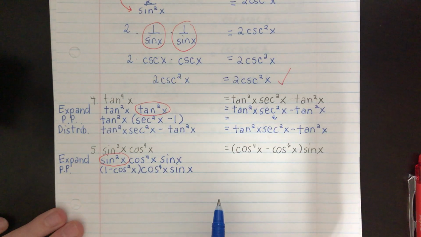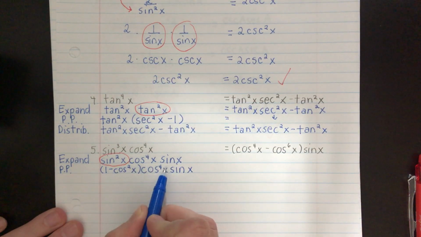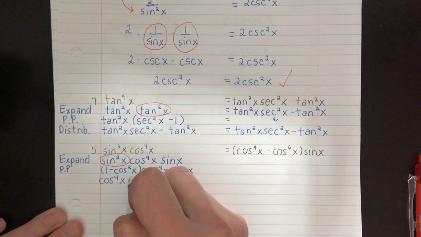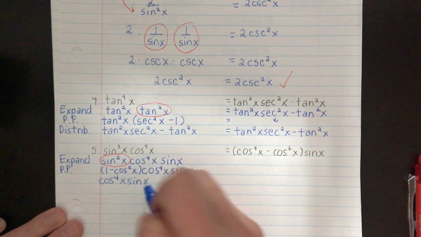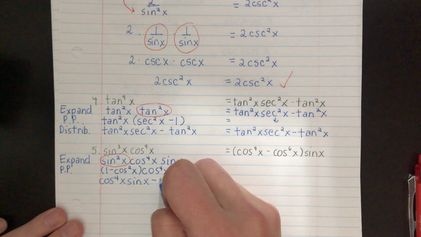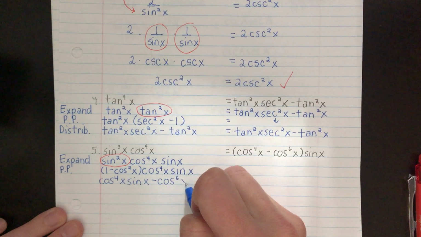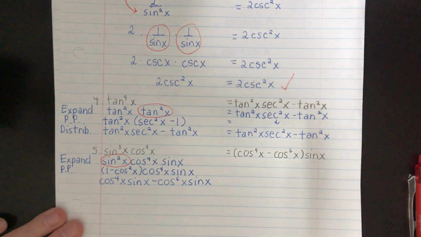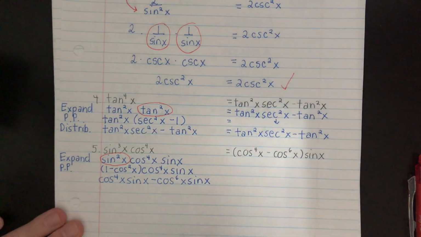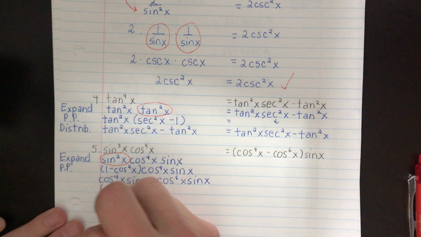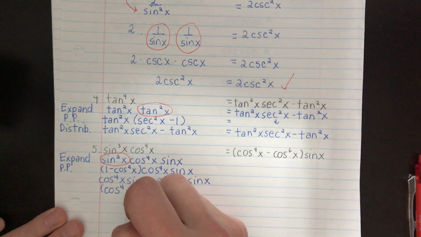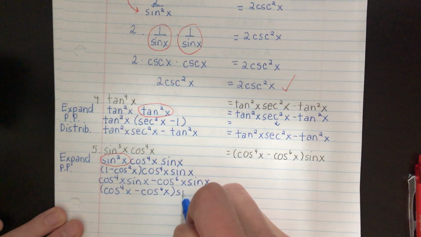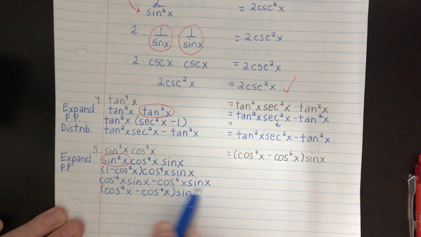So if you distribute this into both of these, you would have cosine to the fourth of x sine of x minus, that'd be cosine to the sixth of x sine of x. And then, of course, you can factor out the GCF in the backwards kind of way, and this would be cosine to the fourth of x minus cosine to the sixth of x. Factor out that GCF of sine x from both.